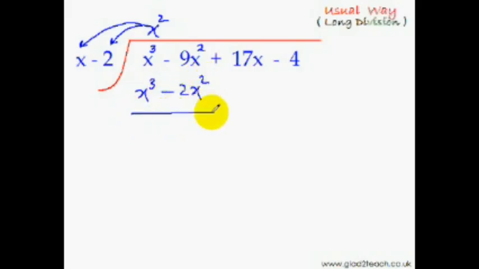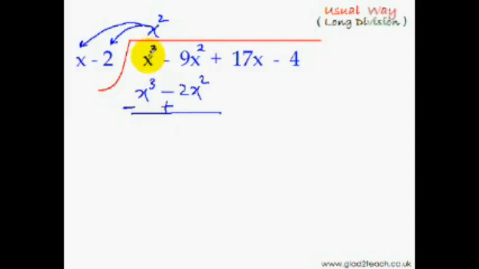Now you subtract these terms. Subtraction in algebra means changing the signs and then adding the terms. Since this is plus x cube, it will become minus x cube. We change the sign, and this is minus 2x square, so it will become plus 2x square.